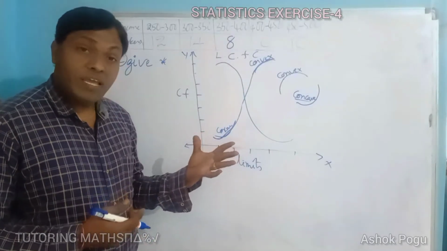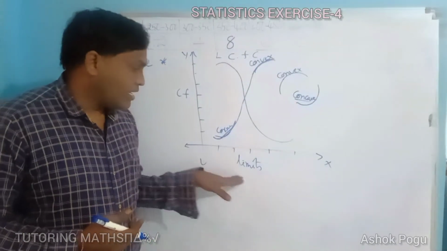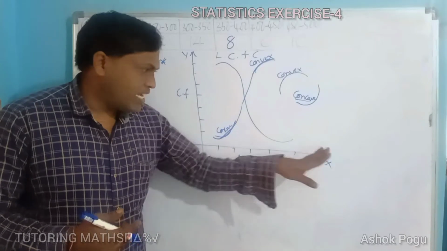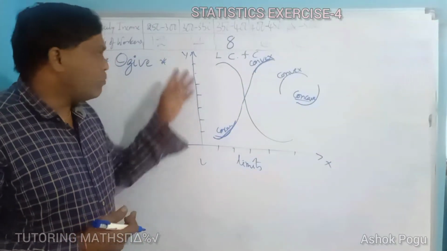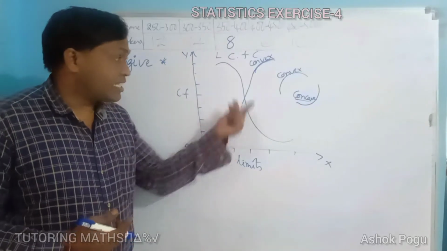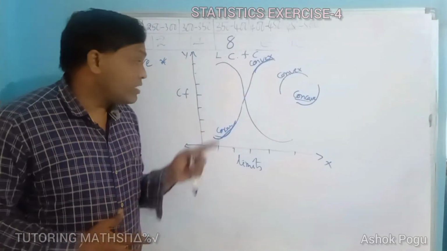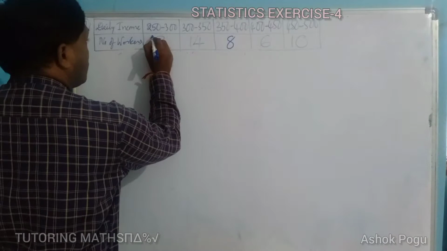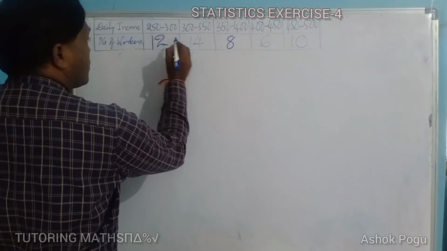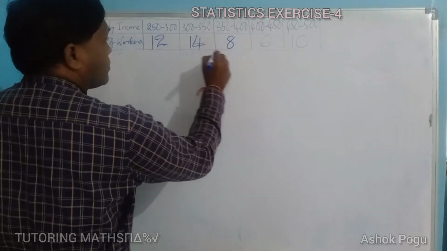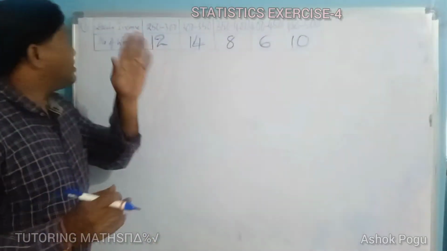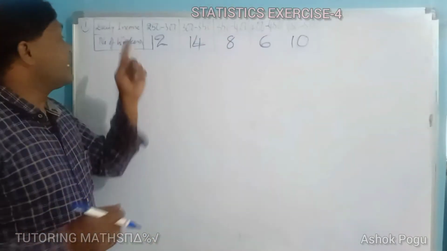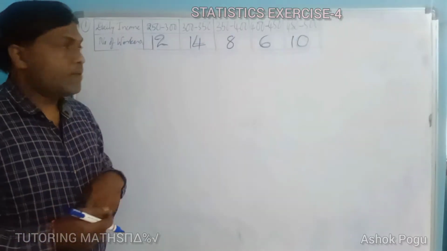How do we draw it and what is required? Let us see. Limits are required. Limits should be taken on the x-axis, and cumulative frequency should be taken on the y-axis. Scale is also very important. Here is the data about daily income and number of workers.